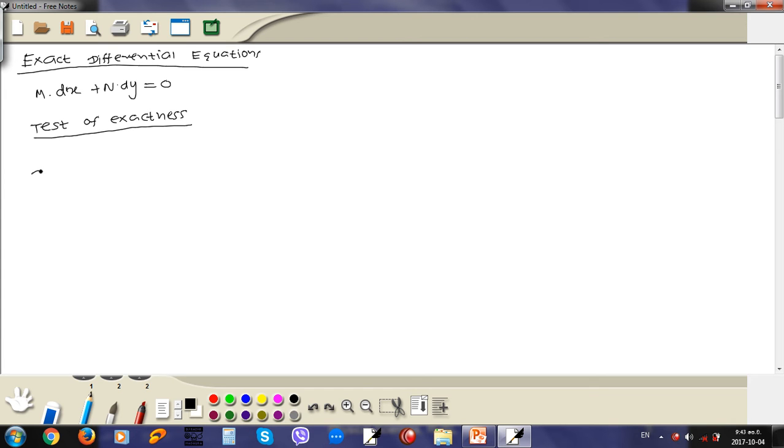How can we find whether the given differential equation is exact or not? We can write the partial derivative of M with respect to y equals the partial derivative of N with respect to x. If these two are equal, the given equation is exact.